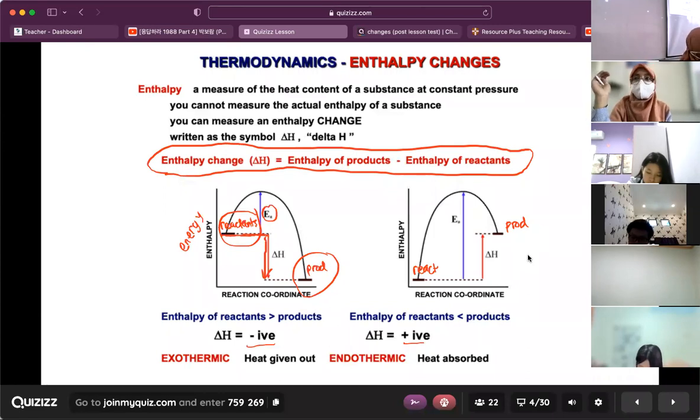When you draw the arrow for enthalpy change, exothermic will be negative because from reactants to products is going down, and for endothermic the arrow goes up, which represents a positive value. Positive means it needs energy, and exothermic means heat is given up from the system to the surroundings. Any question?